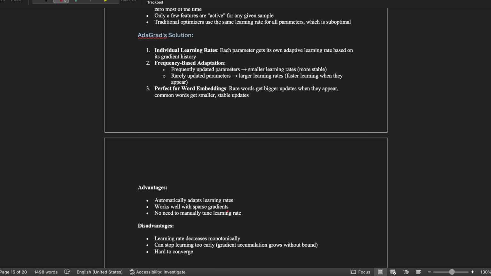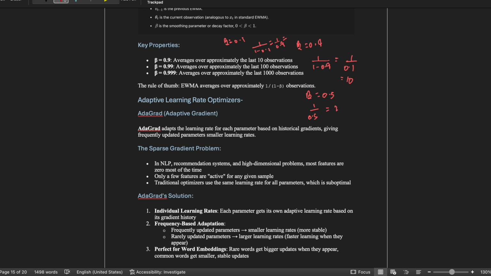Let's take another copy and pen and try to understand it in a better way. Let's add a page.